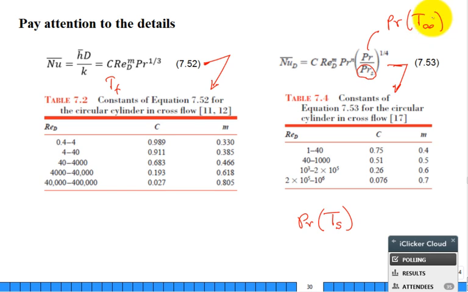Don't do film. This is just the fluid far away temperature. So you can read in the textbook about equation 7.53 and what they're describing there. Again, somebody, maybe Smith did this one and maybe Jones did that one. Different people, different times, same type of problem, but a different structure to the solution.